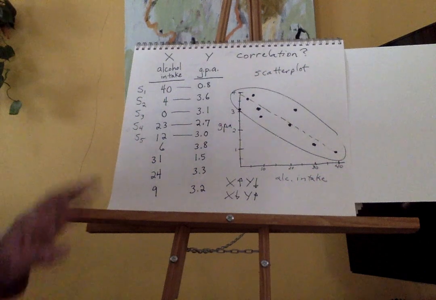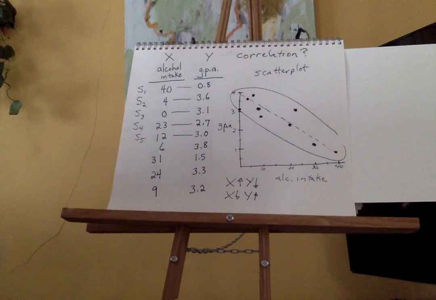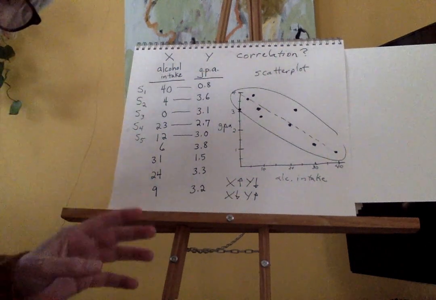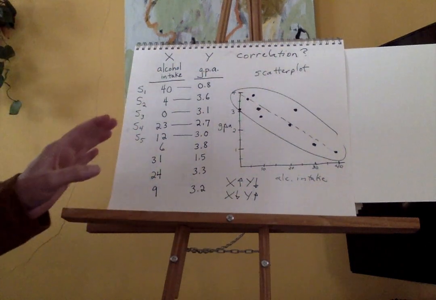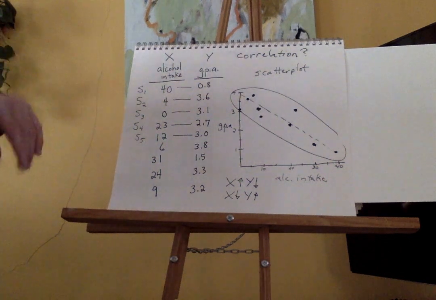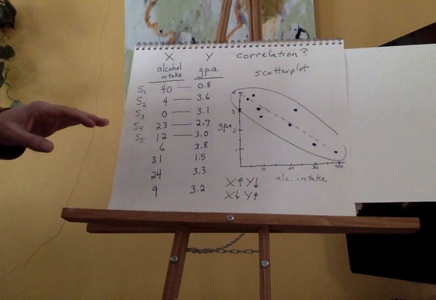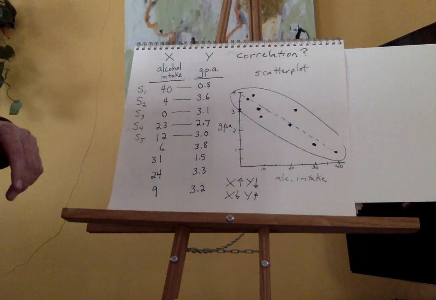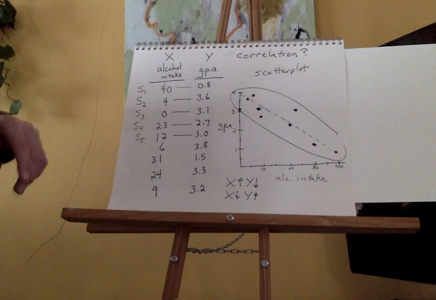In this example, it looks like as one variable goes up, the other variable goes down. That's called a negative correlation. Now, we're going to do a statistical test for this correlation. If you want to look at the relationship between two variables, use a correlation. If you want to look at the differences between two groups, then use a t-test.